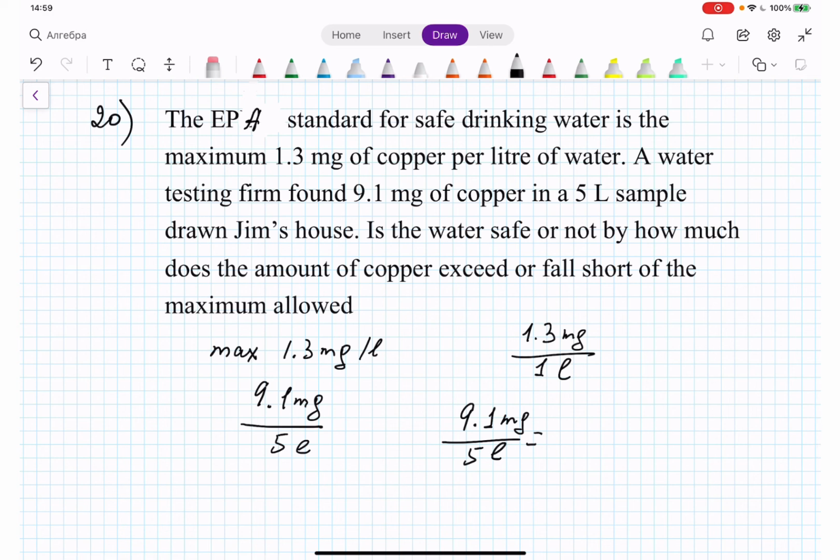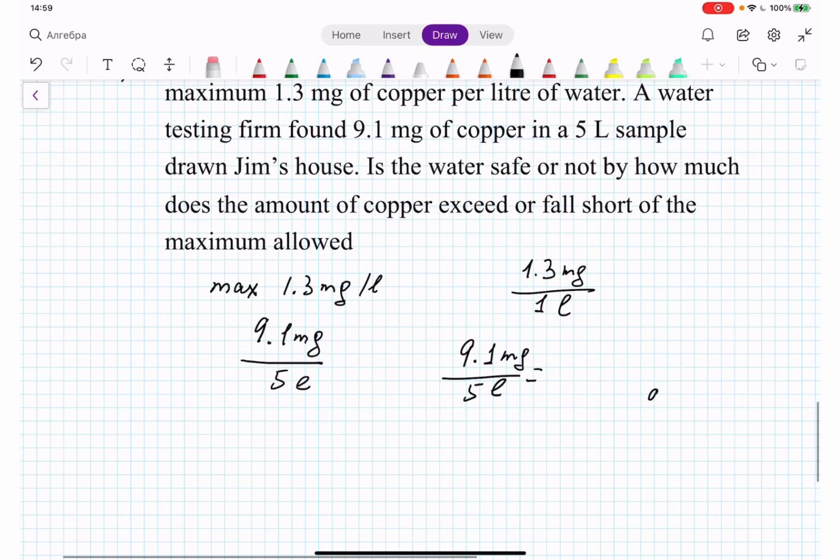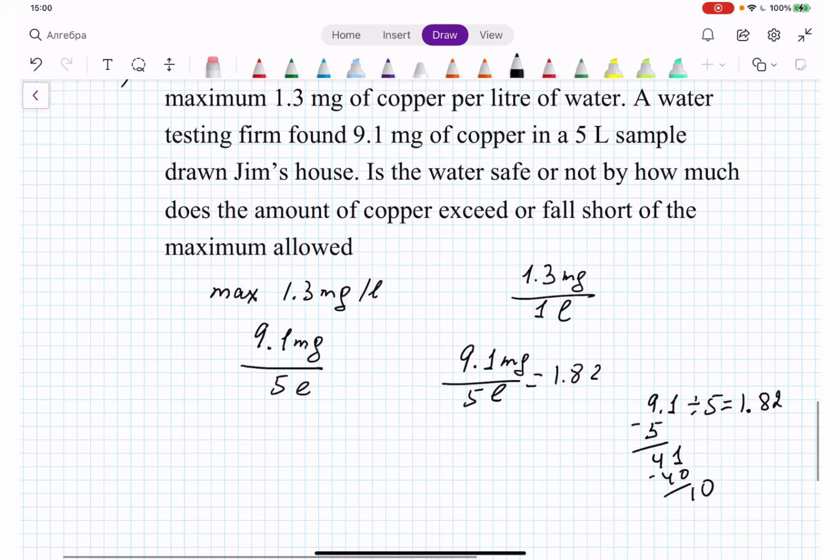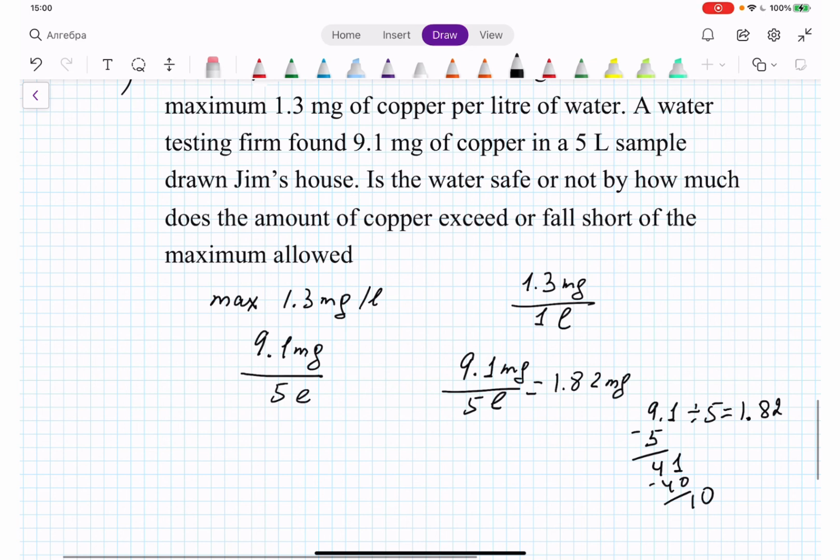Let me see how much it's going to make. 9.1 divided by 5. It's going to be 1 times 5, remainder is 4, right? Decimal notation. 41 divided by 5 is going to be 8, 40. And 10 divided by 5 is 2. So we get 1.82 milligrams per liter. All right.